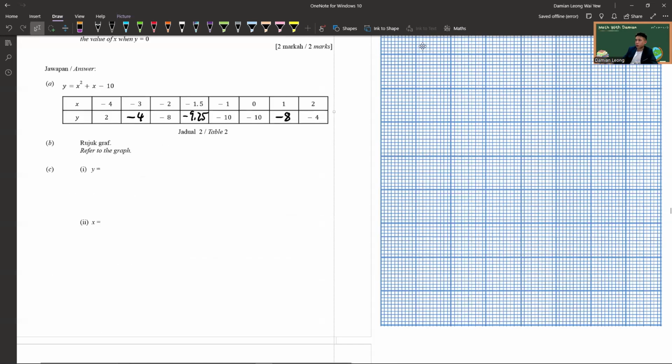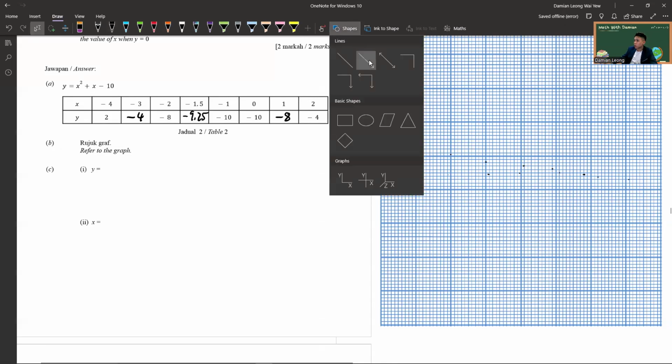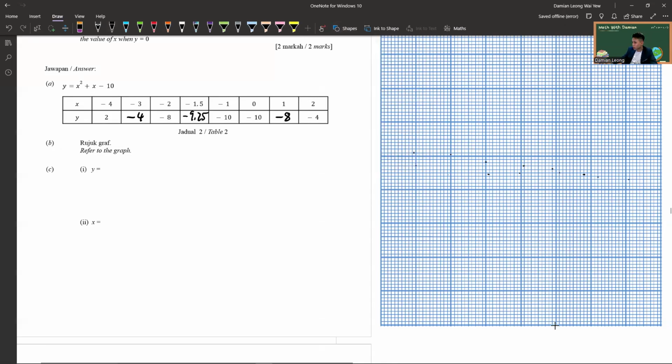So means each box is 1. Okay, so if I put -4, -3, -2, -1, 0, 1, 2. Okay, I can put -4 here lah. -4, -3, -2, -1, 0, 1, 2. So 0 would be here.